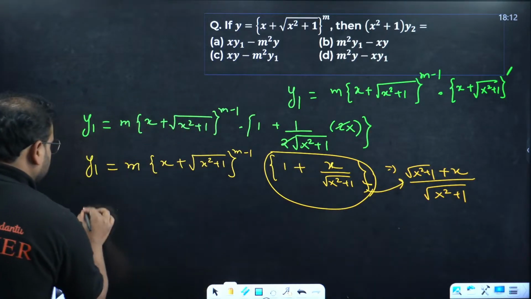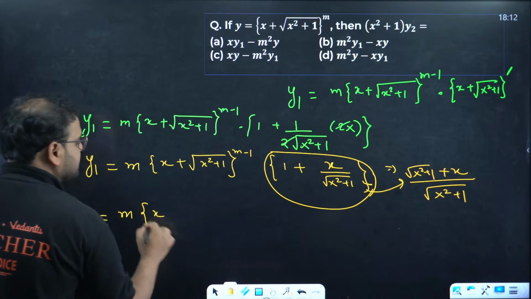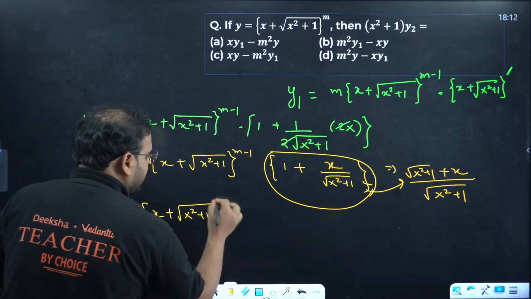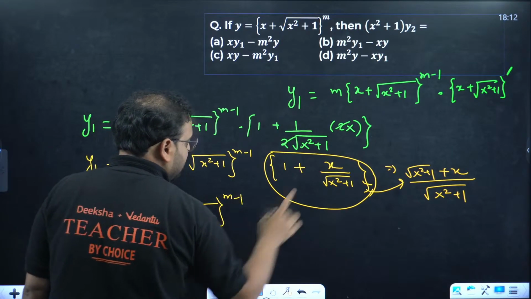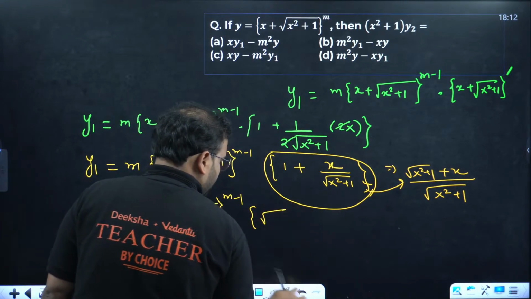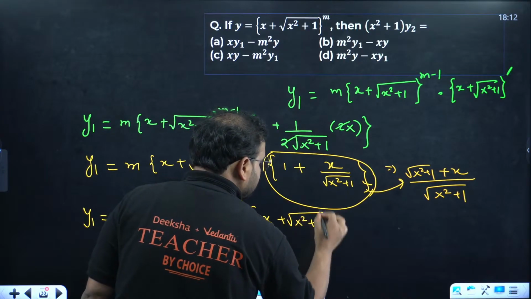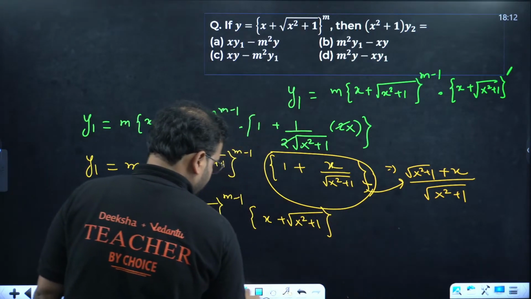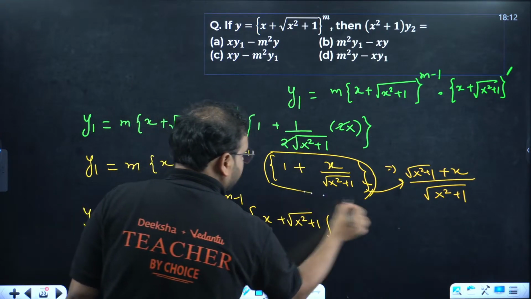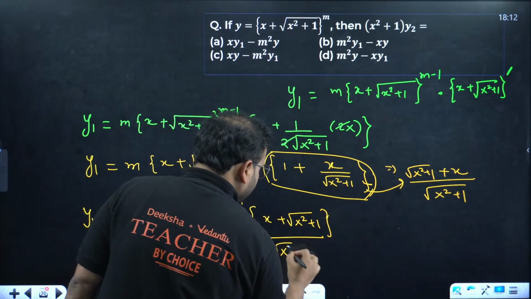Continue. So I'm getting y1 equals to m times of x plus root of x square plus 1 power m minus 1. Check carefully. I'm getting the same value over here also. x plus root of x square plus 1, divided by x square plus 1.